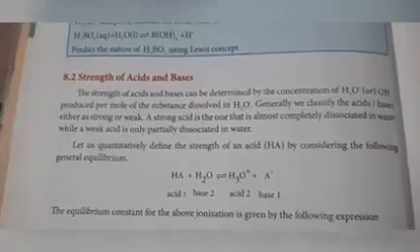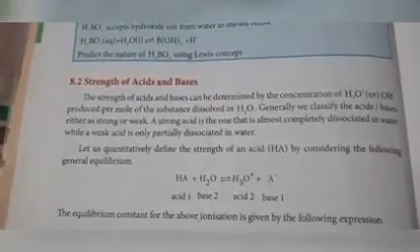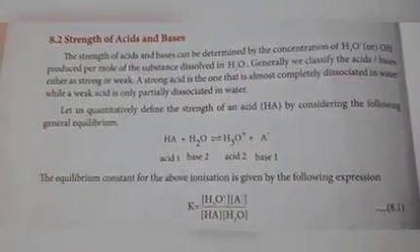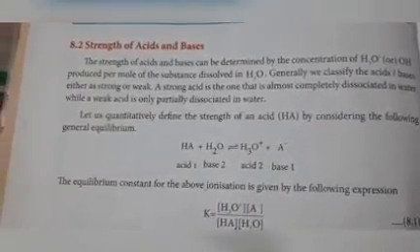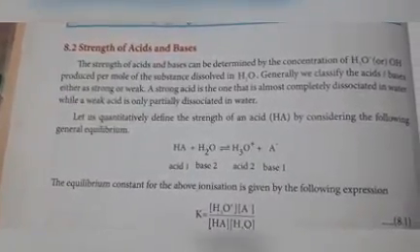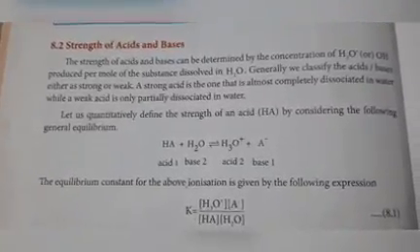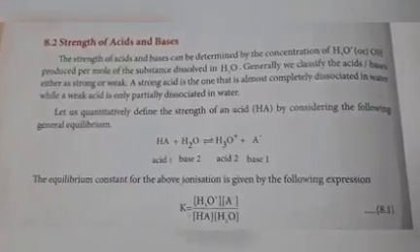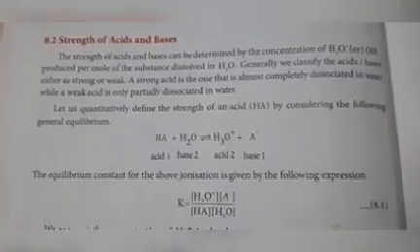Acid is classified into two: strong and weak. Strong acid means completely ionized while dissolved in water. Weak acid means partially ionized while dissolving in water. Let us quantitatively define the strength of an acid by considering the following general equilibrium.